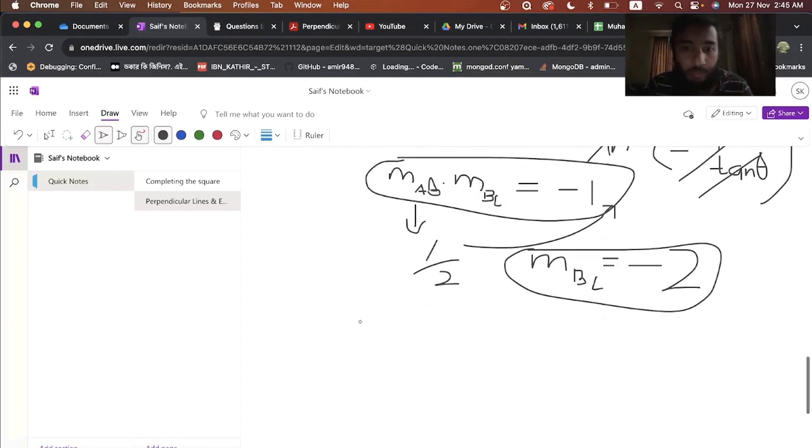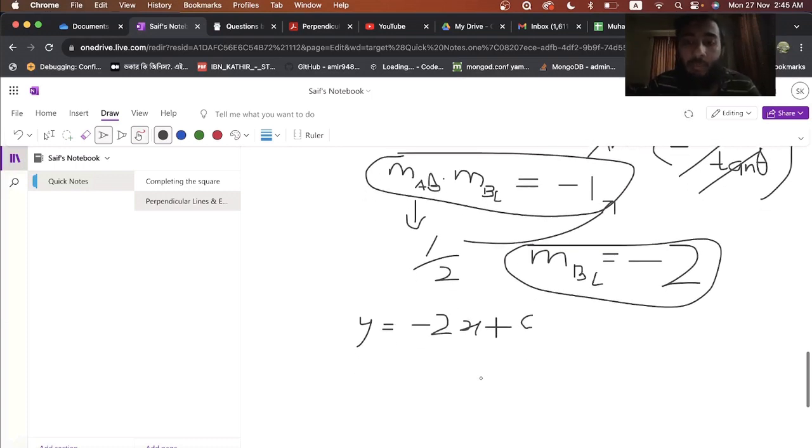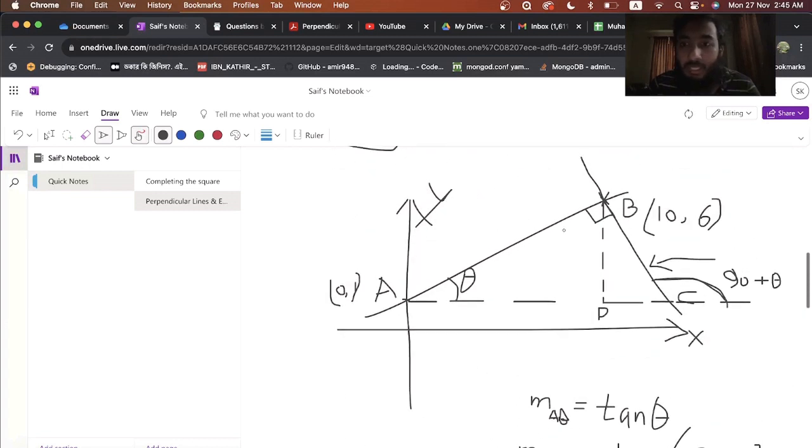So if I know the slope, the equation would be y equals m of BC, which is minus 2, x plus a constant. Now I don't know the value of the constant, but I can get it because this line goes through B, which has a coordinate of (10, 6).